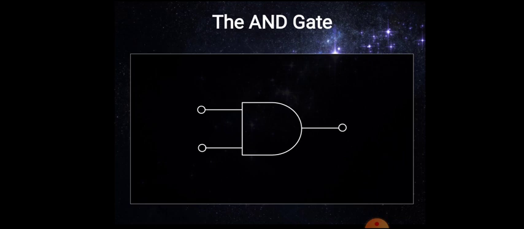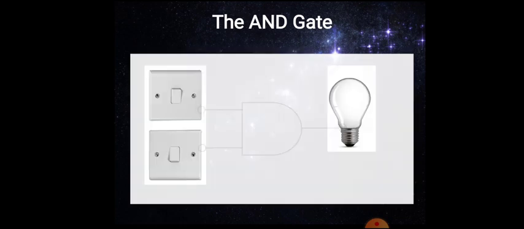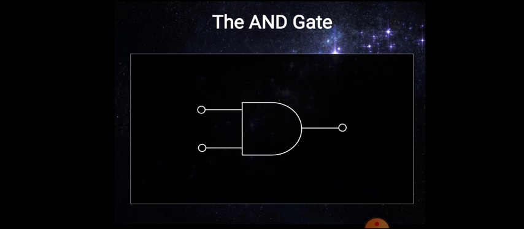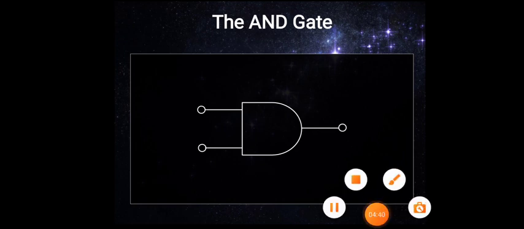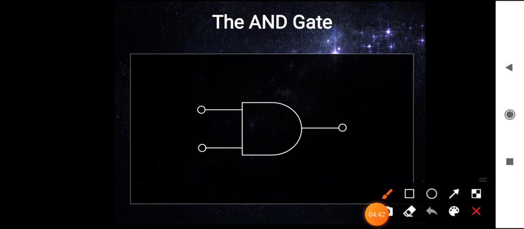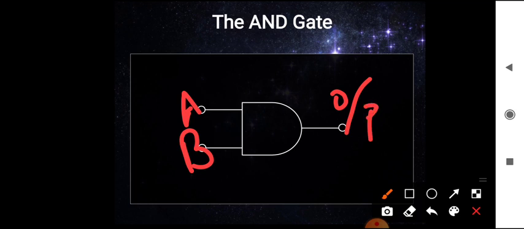See, we have to know each logic gate's symbol, truth table and circuit, and some more information about each logic gate. So first, the AND gate. In this diagram we are showing the symbol of the AND gate. It has two inputs. Suppose this A and B are the two inputs and this is the output.